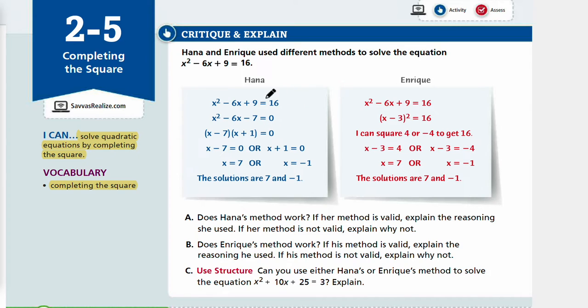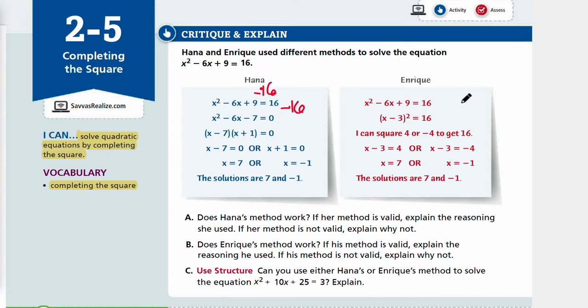Hannah seems to be subtracting 16 on both sides, and she got negative 7 here. That looks right. She factored and has x minus 7, x plus 1 equals 0. So she's solving for zeros. So solutions are 7 and negative 1.